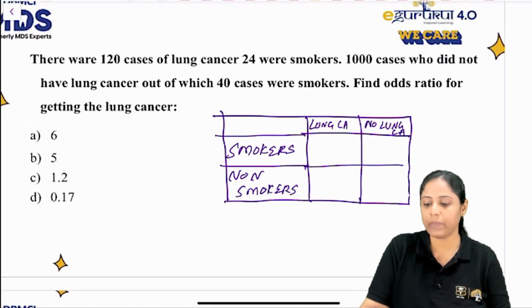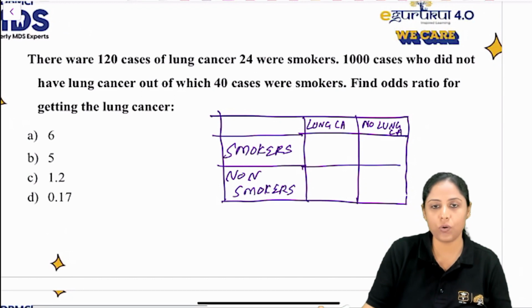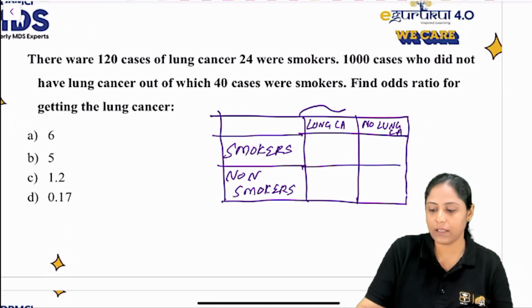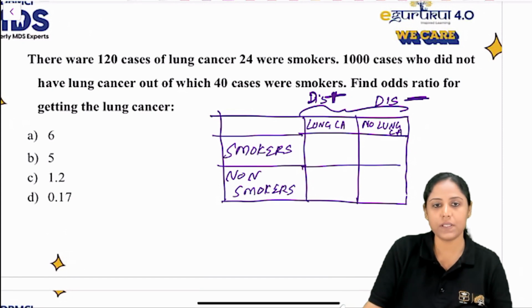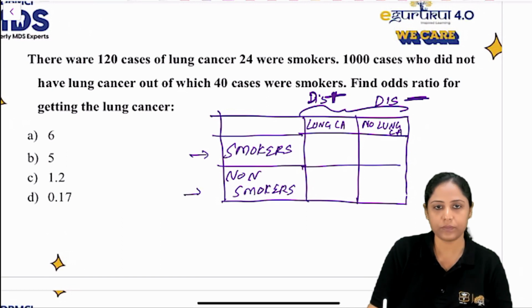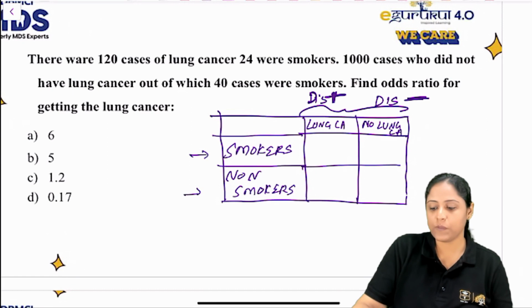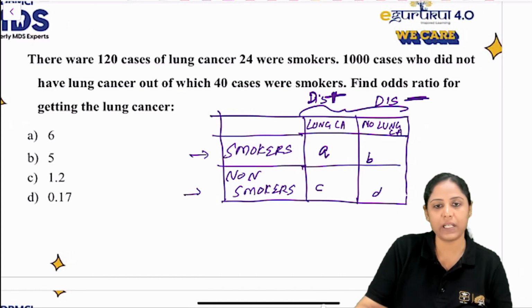So students, please remember how we mark our rows and columns. Disease present or disease absent we mark in the columns, and exposure present or absent we mark in the rows. So exposure present disease present becomes A, exposure present disease absent becomes B, exposure absent disease present becomes C, and exposure absent disease absent becomes D.